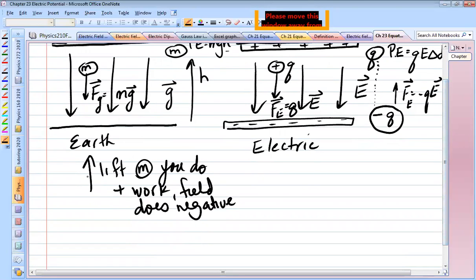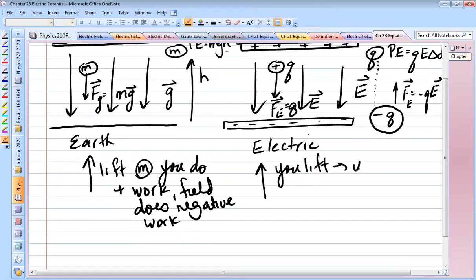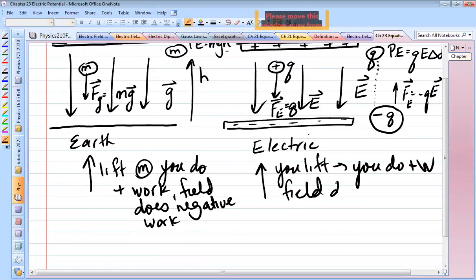Okay, so you have to keep this straight. So you lift M, you do positive work, the field does negative work. Exactly the same over here. If you lift the charge, so this is identical, you do plus work, and the electric field does negative work.